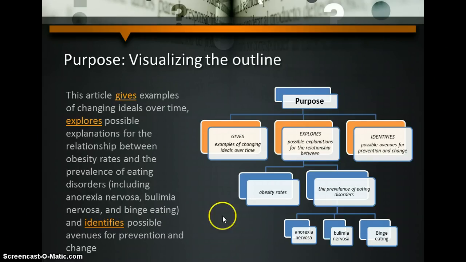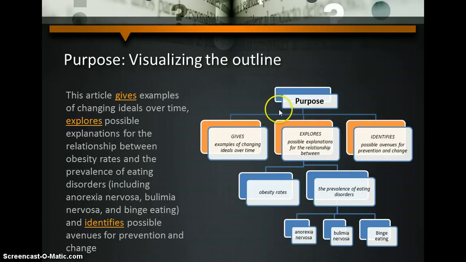We also can present it in a way that we can visualize and see where he's going. So the purpose: this article gives examples of changing ideals over time. It explores possible explanations for the relationship between obesity rates and the prevalence of eating disorders. And it identifies possible avenues for prevention and change.